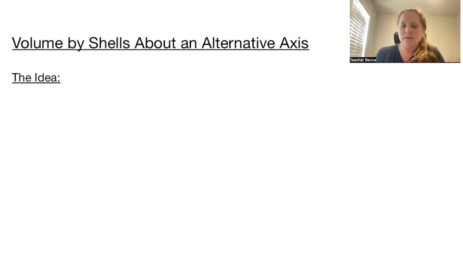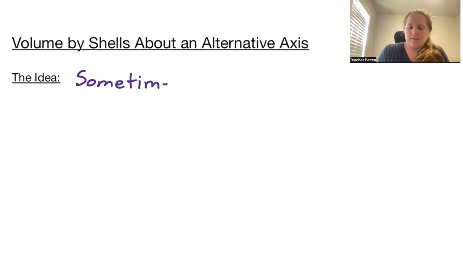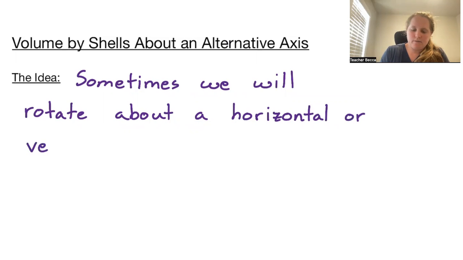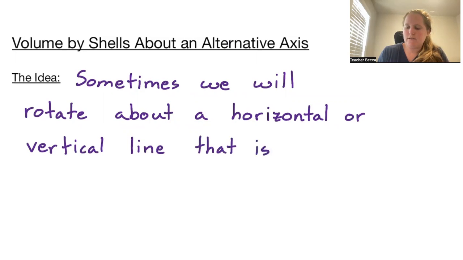So again, the idea here is sometimes we will rotate about a horizontal or vertical line that is not the x or y axis.